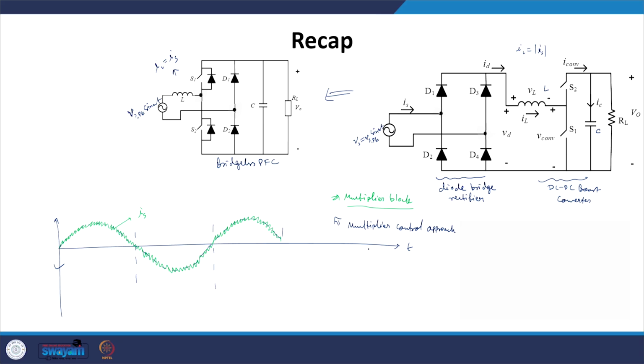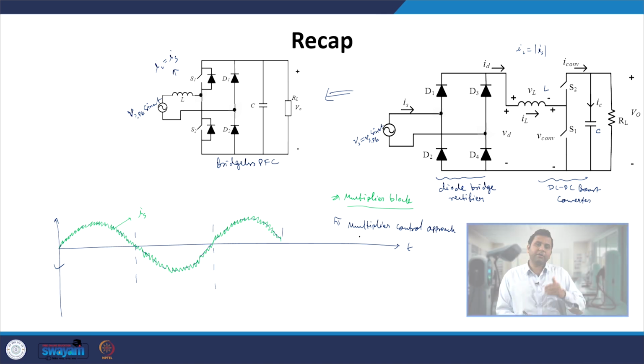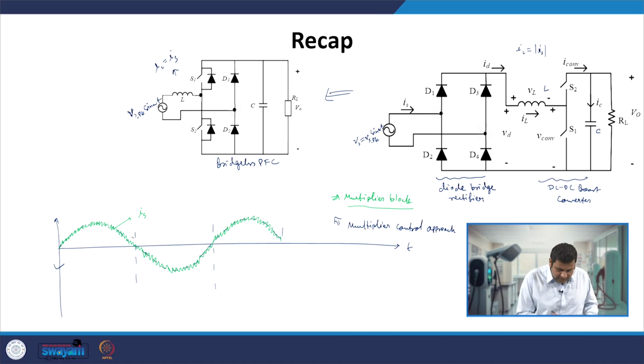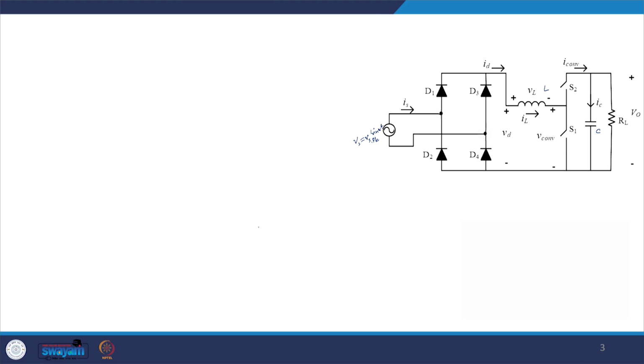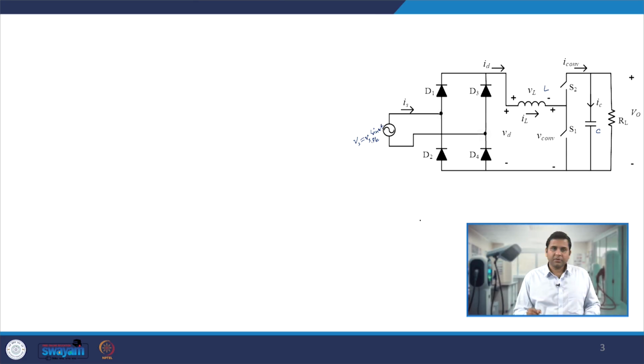Now, to avoid those things, one can use a simple voltage follower approach, where instead of making the inductor current operate in continuous conduction mode, we can ensure that the inductor current follows the input voltage, so that you do not require any multiplier block.